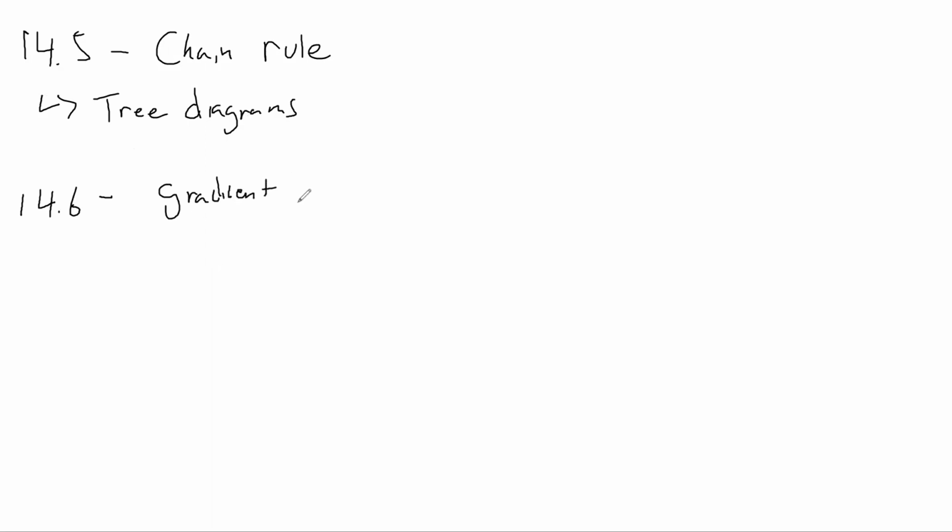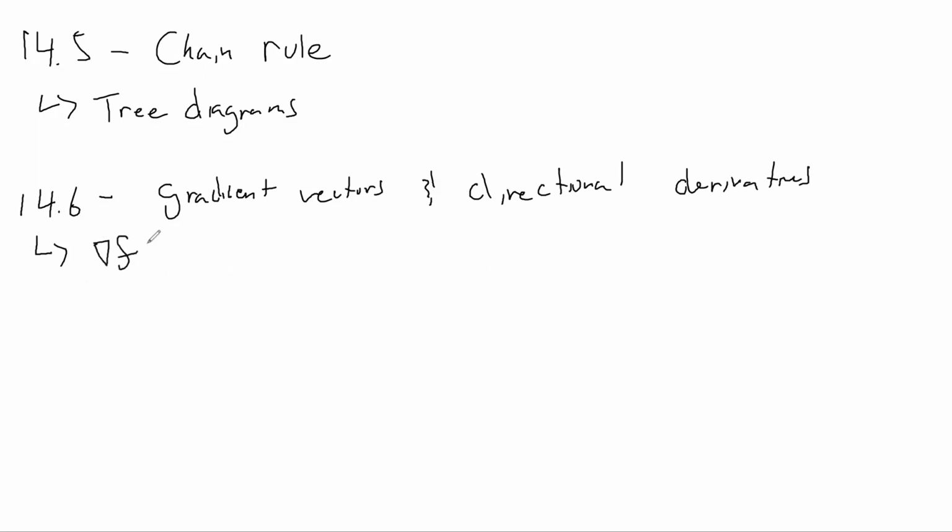vectors and directional derivatives. For 14.6, a few key points I'll be discussing in these examples will be what a gradient vector is. You should probably be familiar with this from lecture.